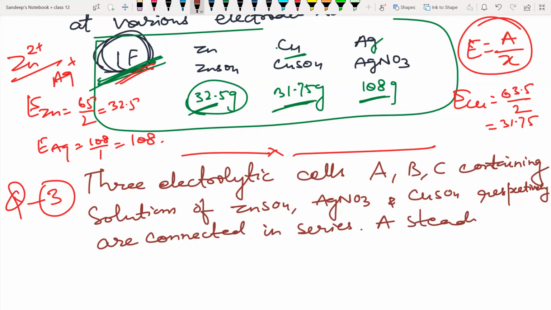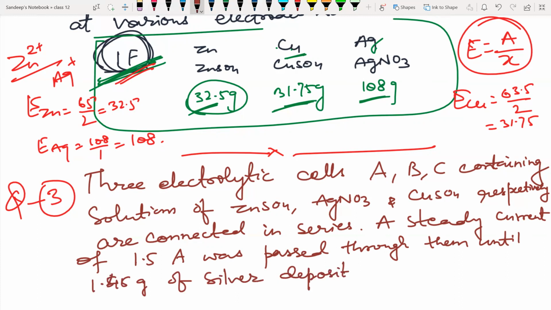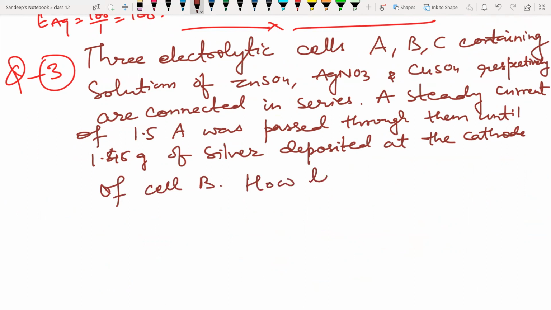A steady current of 1.5 amperes was passed through them until 1.45 gram of silver deposited at the cathode of cell B. How long did the current flow?